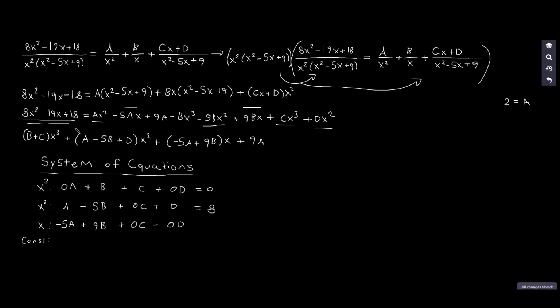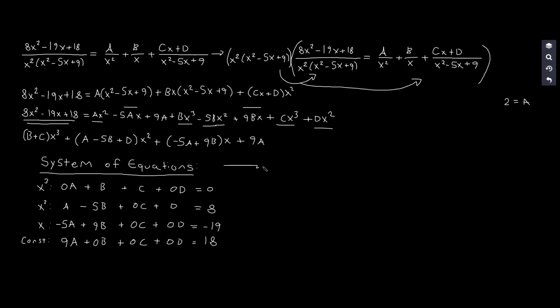And then x, there's negative 19. And as for the constants, well, there's just 9a plus 0b plus 0c plus 0d equals 18.